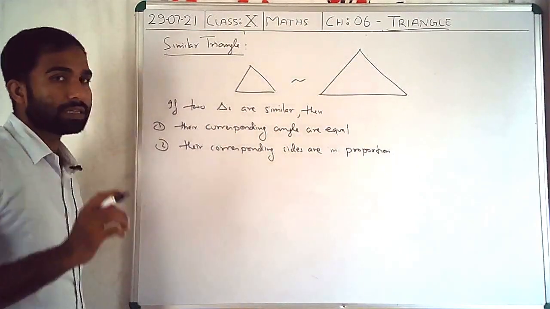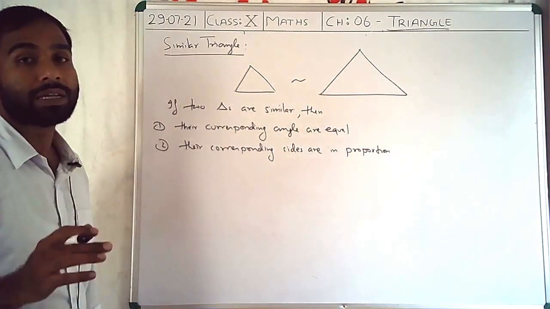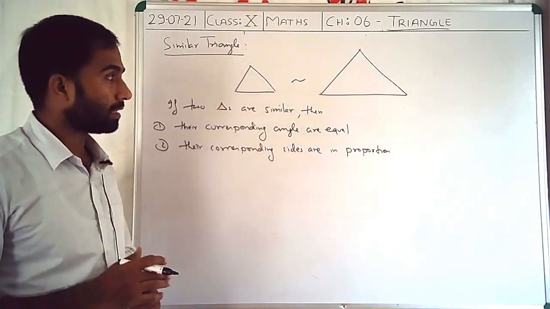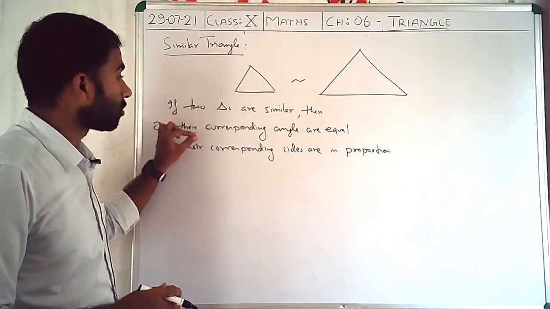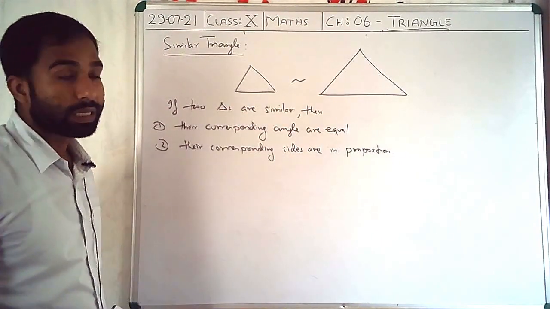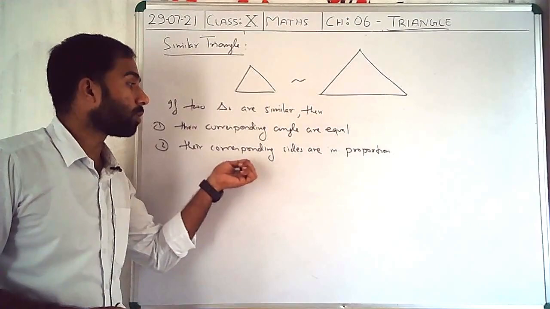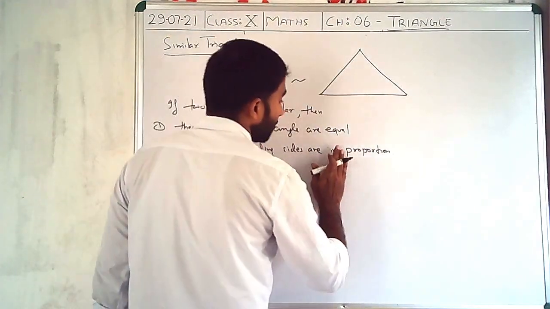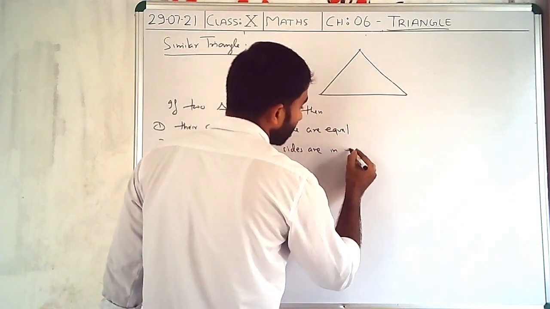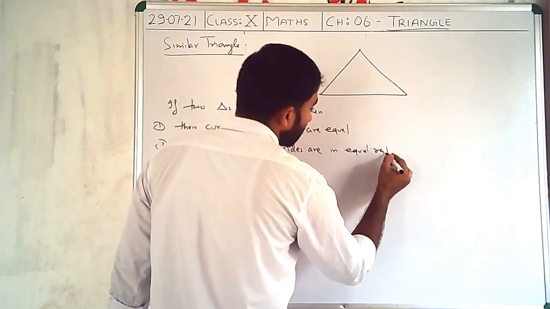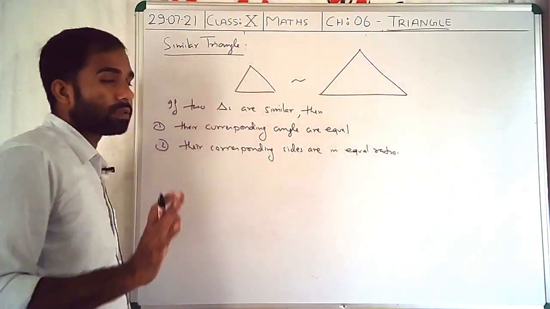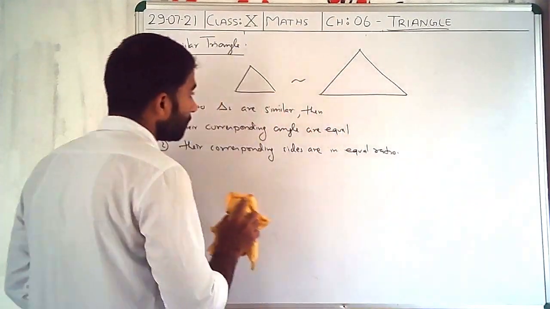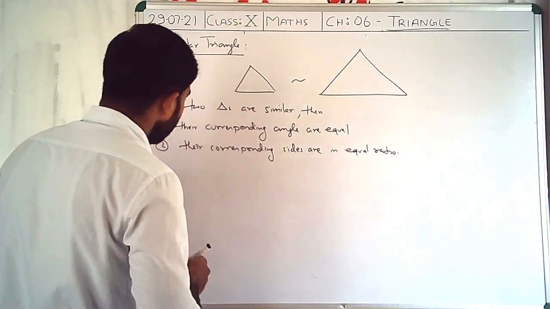Okay, listen again. What are the conditions when you can say the given pair of triangles are similar? First condition is their corresponding angles should be equal, and second condition is their corresponding sides should be in equal ratio. I hope all of you understood. Now one more thing.